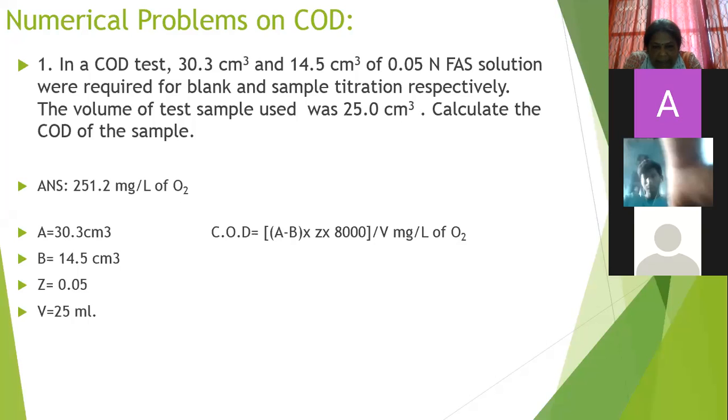So what is A and what is B? And what is Z, or normality of FAS solution? Put all the values and post your answer. V is 25 ml of the wastewater sample taken. So V is equal to 25 ml.